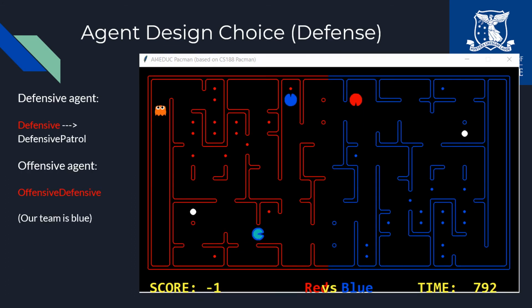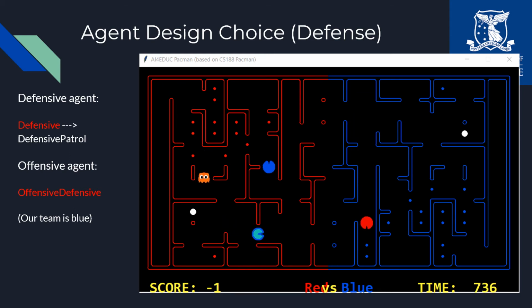The difference between the two agents is on the defensive side. When there is one enemy in our territory and a certain number of food has been eaten, the defensive agent will first come back and check the enemy by the last eaten point. However, the offensive agent will not turn into defense until the defensive agent finds the enemy.